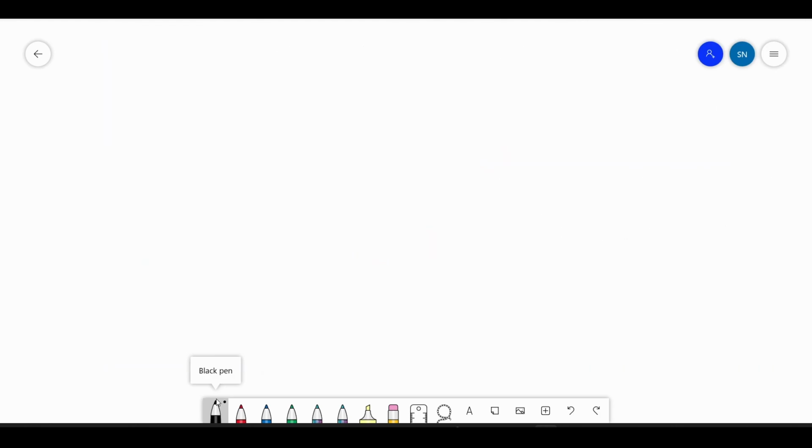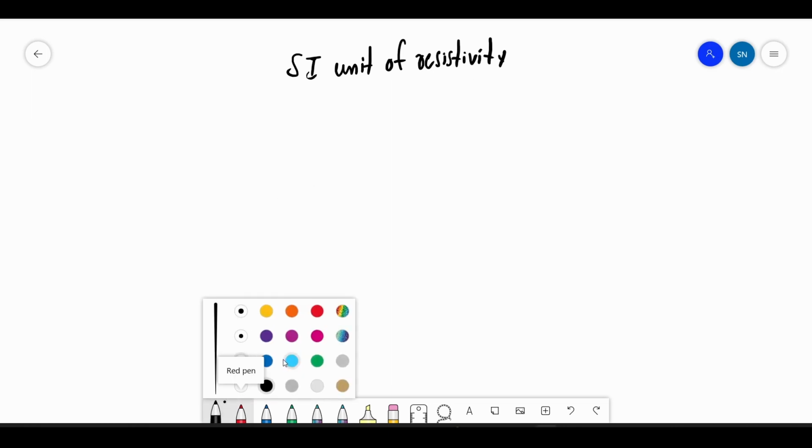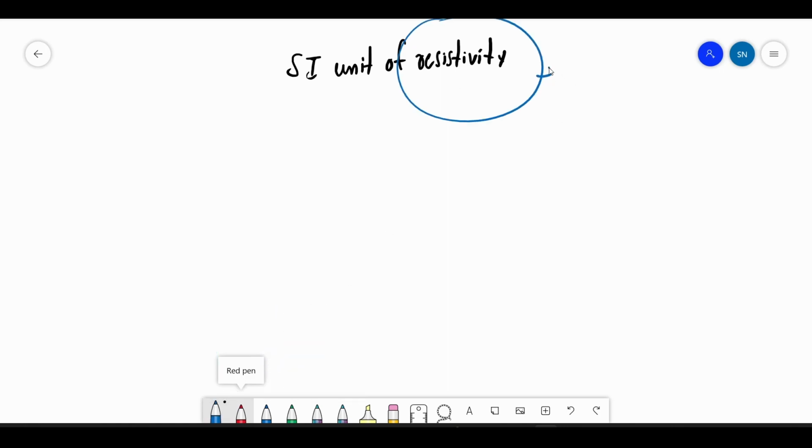Can you tell me what is the SI unit of resistivity? By the way, have I defined resistivity? No, I haven't. The definition of resistivity is roughly the same as that of resistance.